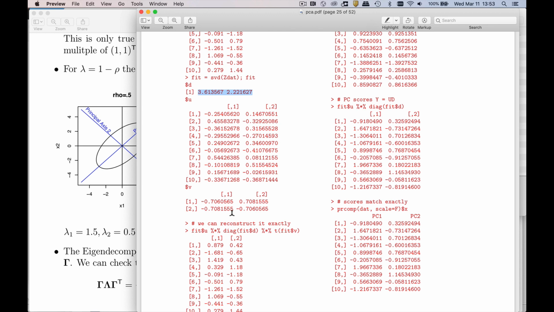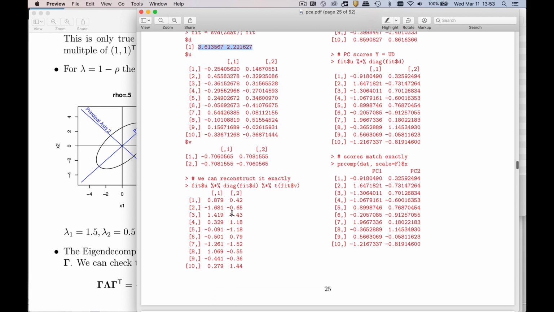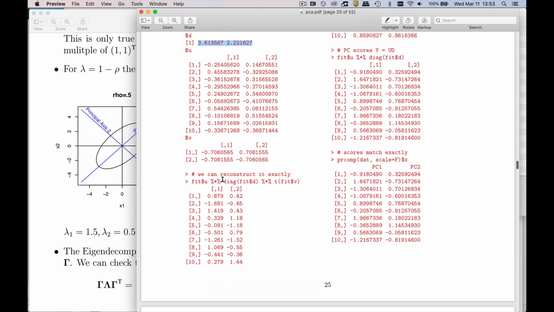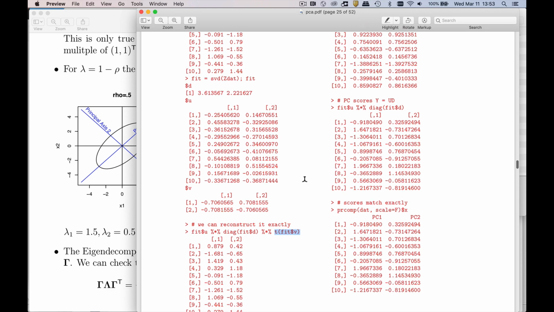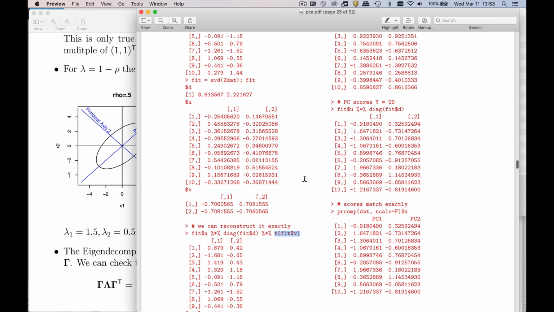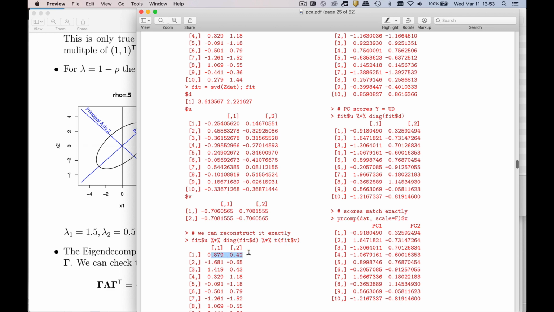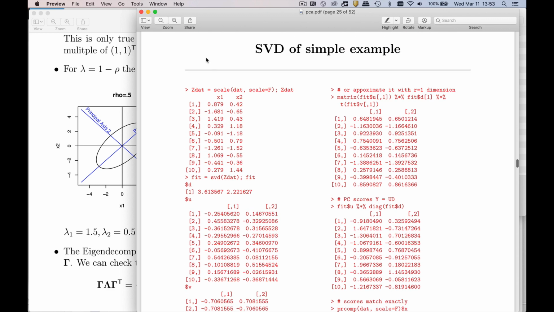All right, so let's just go try the SVD out. I said that if we took our U matrix, multiplied it by the singular values as a diagonal matrix, and then multiplied that by the transpose of the V's, we'd get the original data back. And sure enough, we do. So this matrix down here equals this matrix up here.